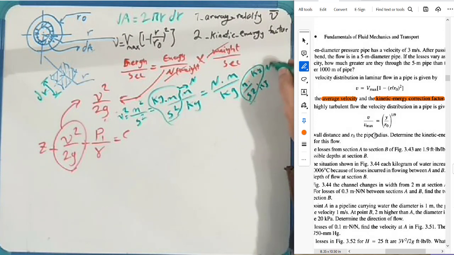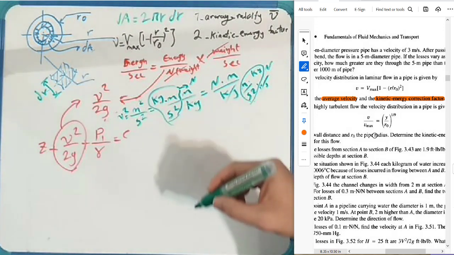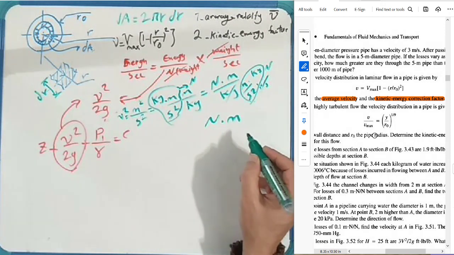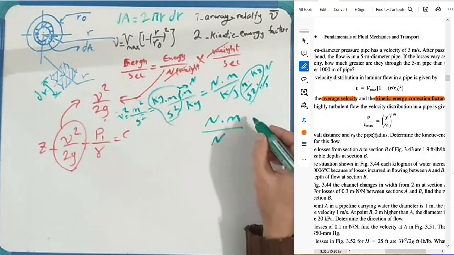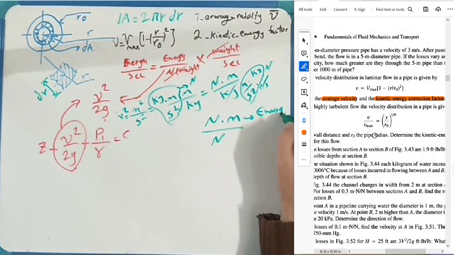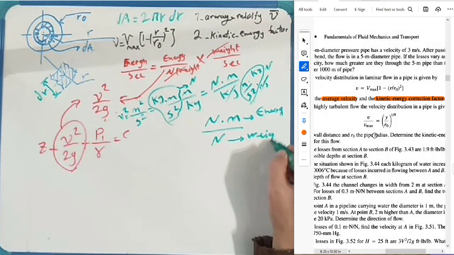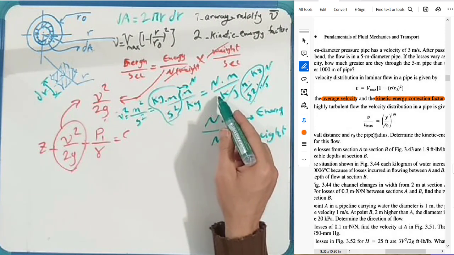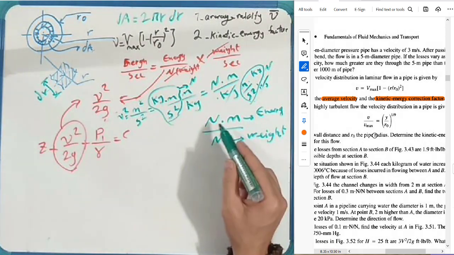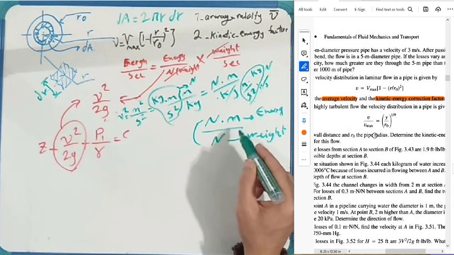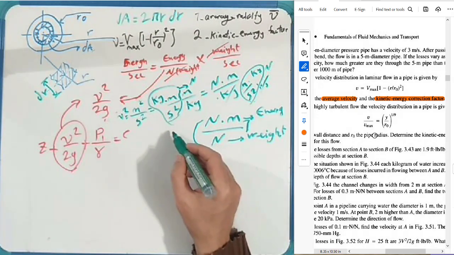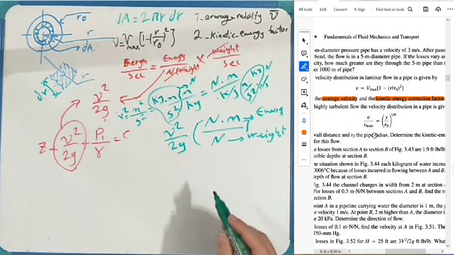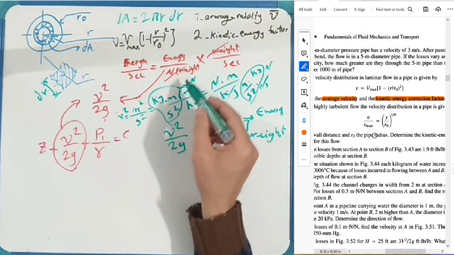It will be Newton, and this kilogram will be eliminated with that one, and it would be Newton meter over Newton. This is energy and this is weight. This is the unit for v squared over 2g. So this is energy per weight, and we can use it here.